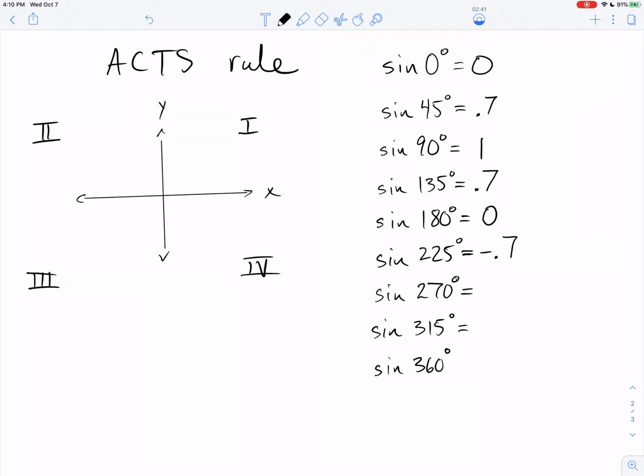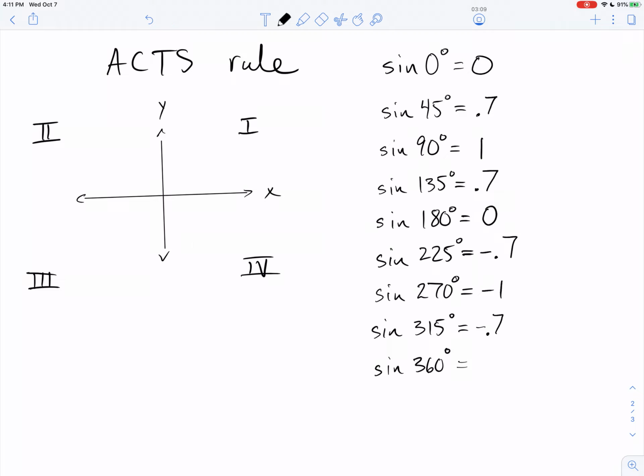The sine of 270 degrees is negative 1. If you go ahead and punch in the sine of 315, you'll notice it is once again that big old number, negative 0.7 stuff. And then my last one, sine of 360. Well, 360 is the same as 0 when you punch it into the calculator because those angles are what we call coterminal.